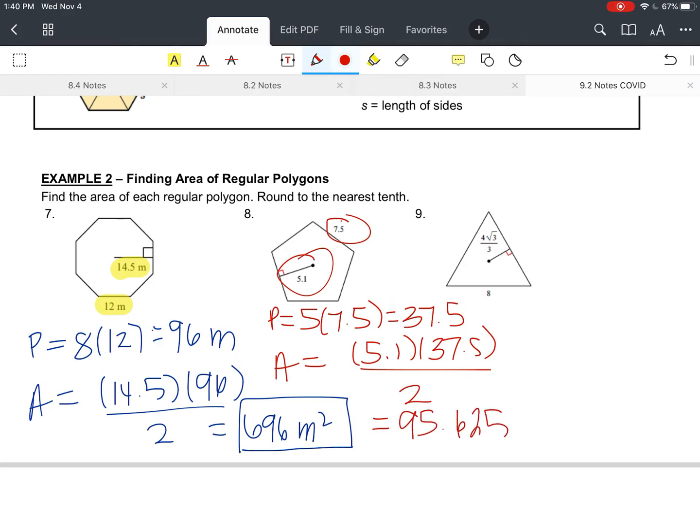Rounding to 3 decimals in this case is fine. That's 95.625. There were no units here, so I can just leave it, but it would be units squared for the area.